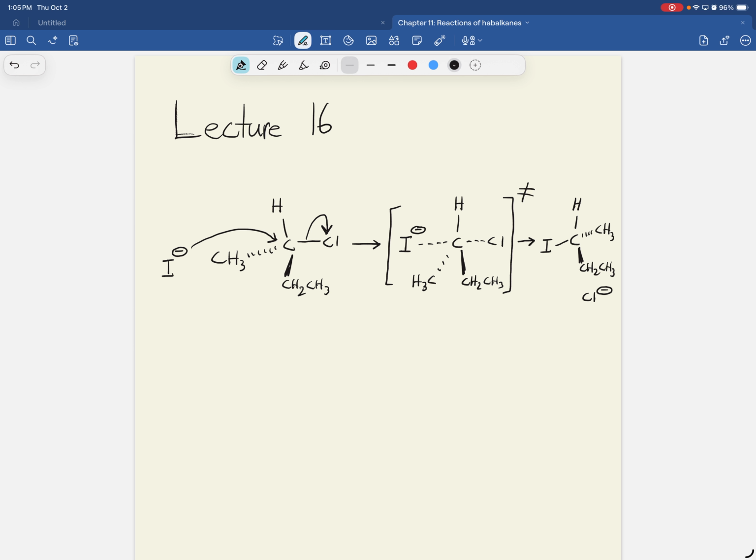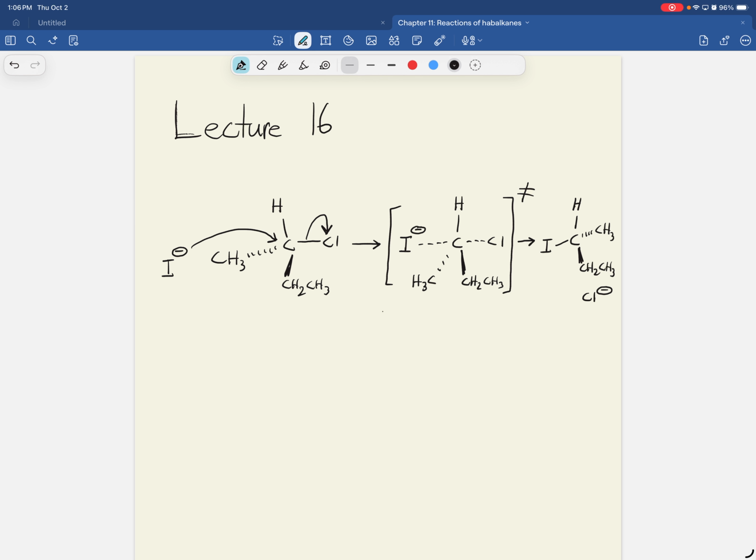So notice here, charges are conserved, right? And then if we were to assign R and S, the stereochemistry here has switched, okay? But we're not going to assign it right now, just because it'll require a bit of work as drawn, okay? So let's not worry about that yet.